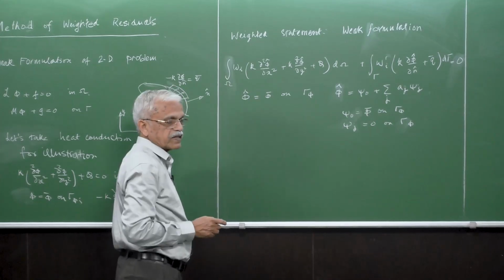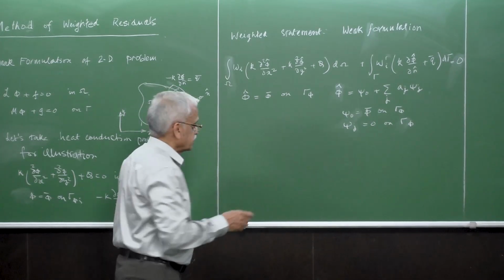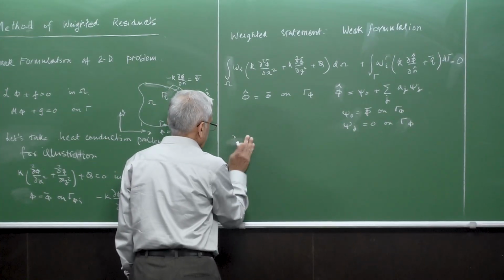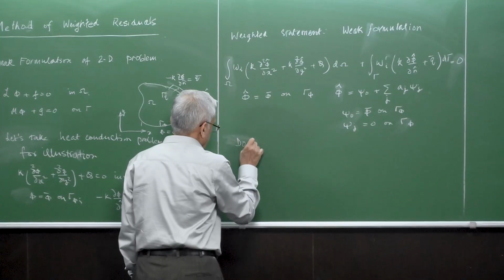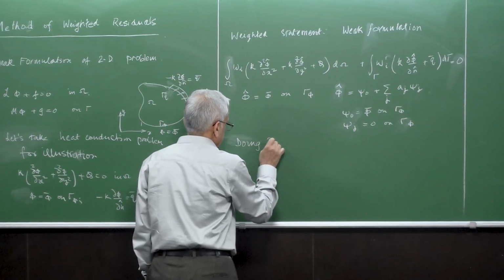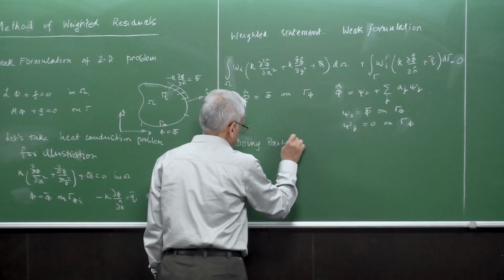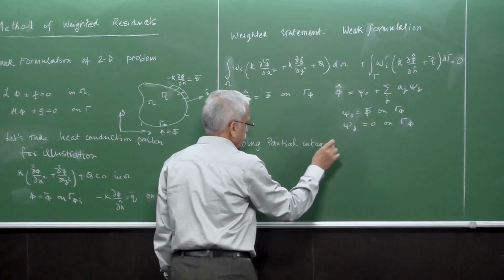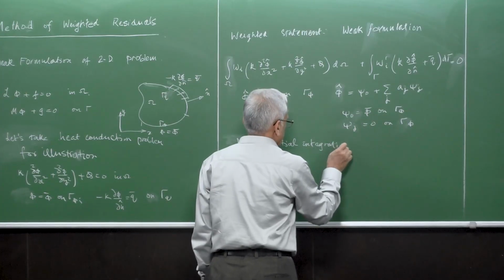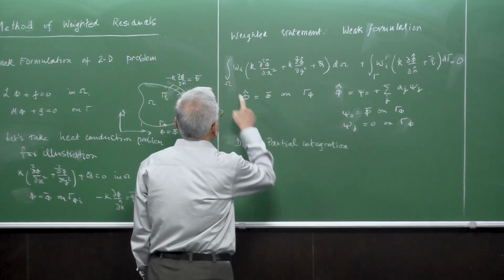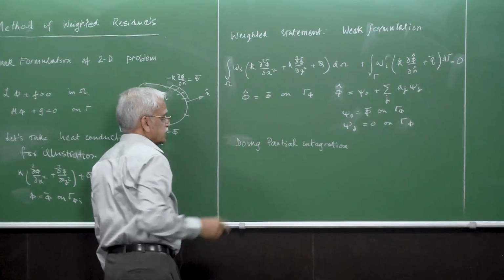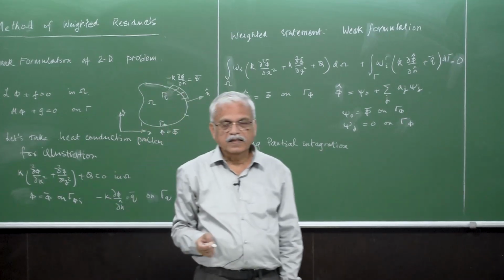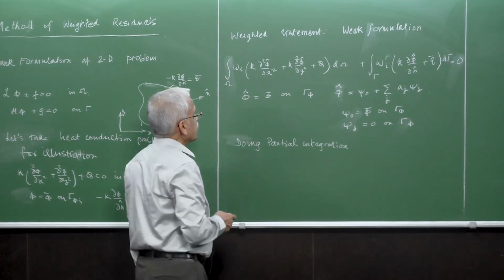So if you do this partial integration here, integration by parts, this integration on omega will become partly an integration over gamma and partly over omega.